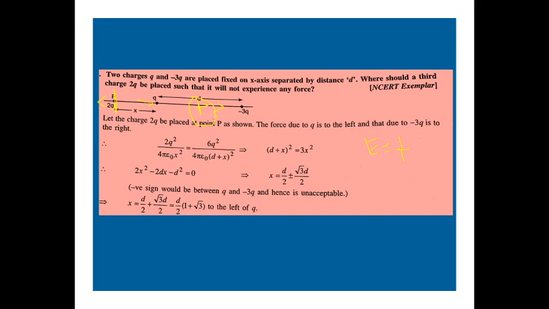The electric field at point P due to charge 3q is 6q divided by 4 pi epsilon naught, d plus x, whole square.